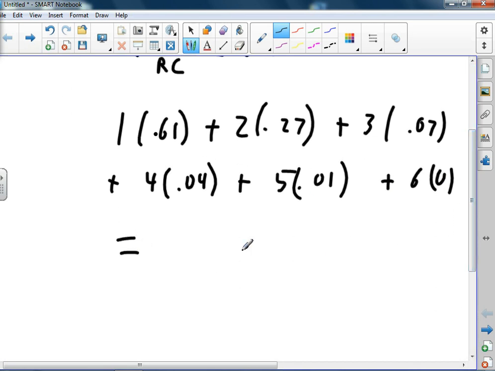And getting out our calculator, we find that's going to be 1.57.